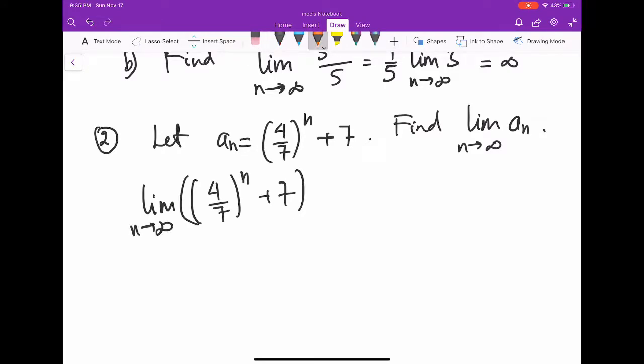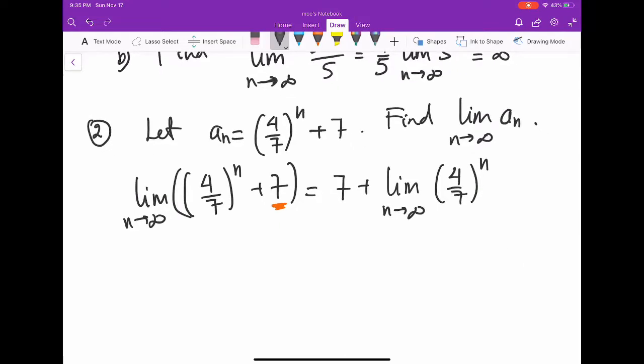We have 7 in here, that is just a number, so the limit of that number is just 7. So basically this is equal to 7 plus the limit of 4 over 7^n when n approaches infinity. Our job is to find this limit.